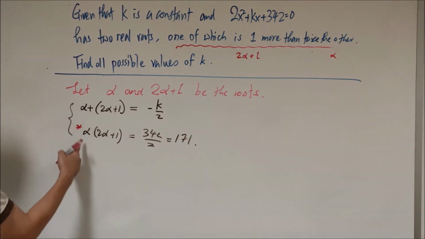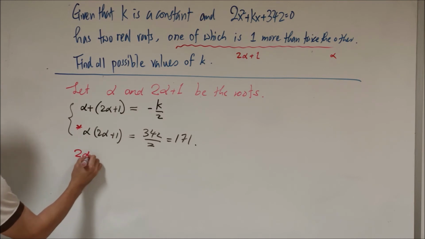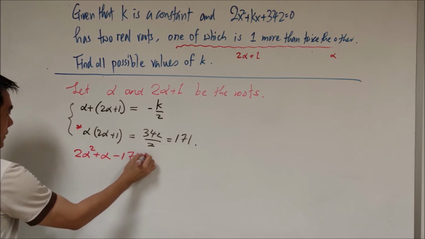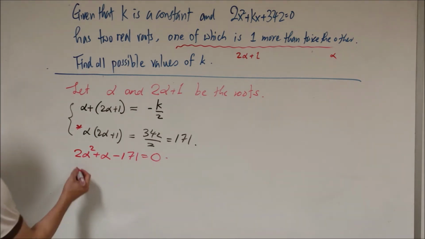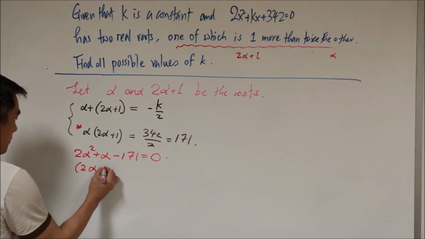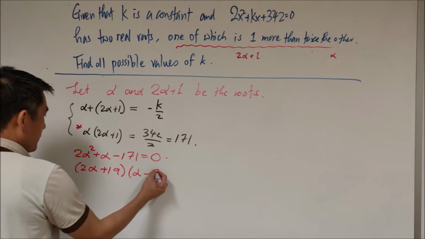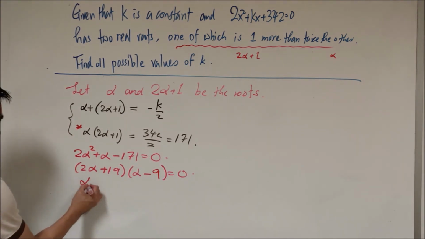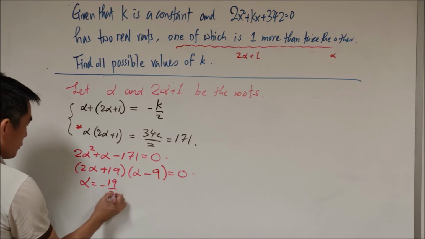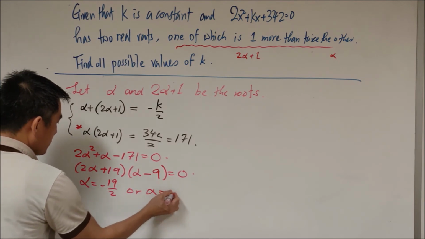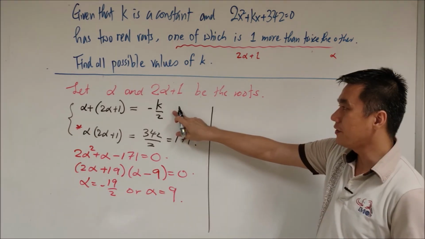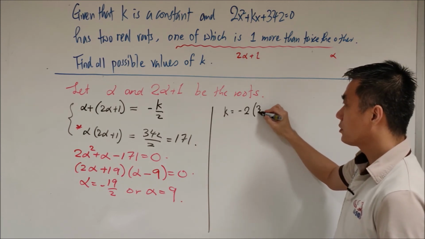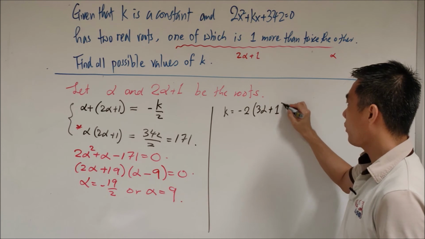From this second equation, 2 alpha squared plus alpha minus 171 equals 0. Factorize it: 2 alpha plus 19, alpha minus 9 equals 0. So alpha equals negative 19 over 2, or alpha equals 9. From the first equation, k equals negative 2, times 3 alpha plus 1.